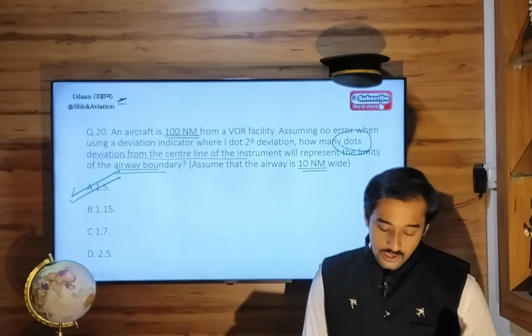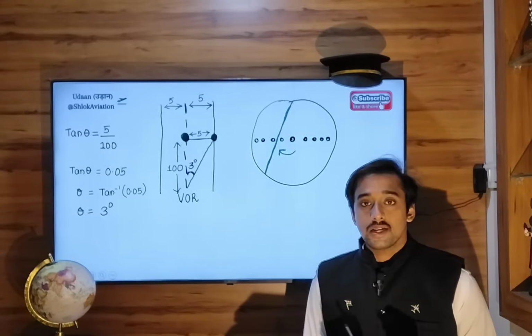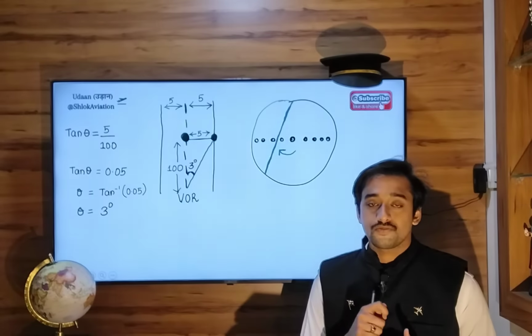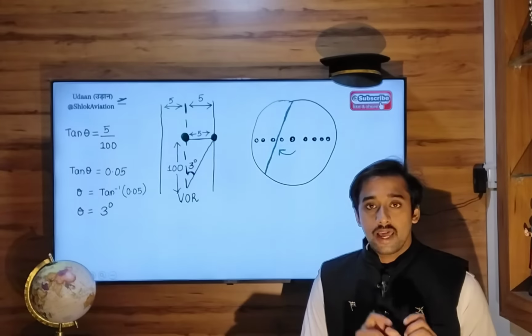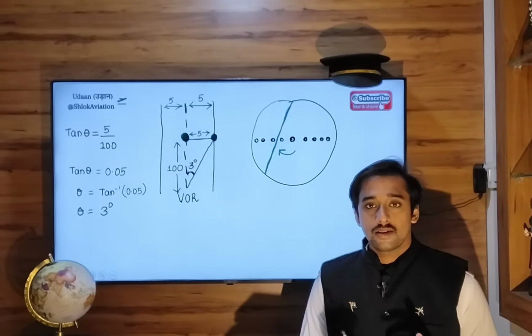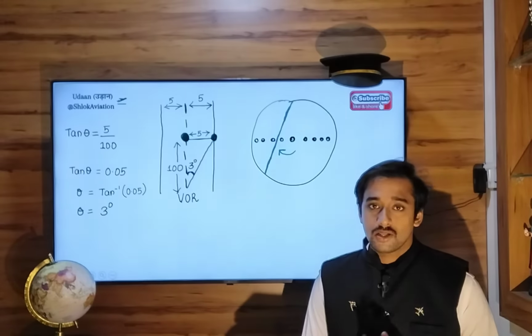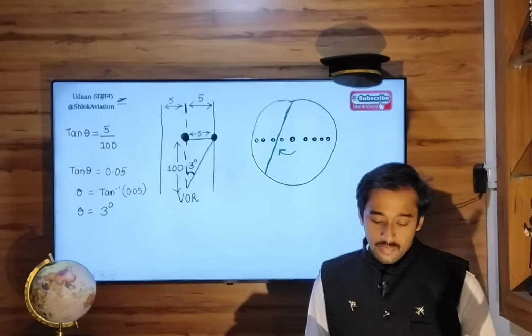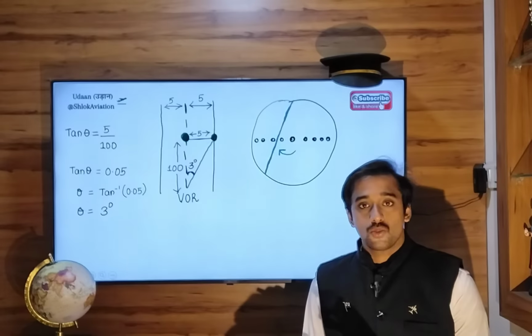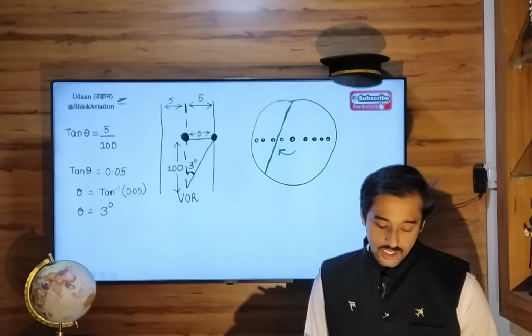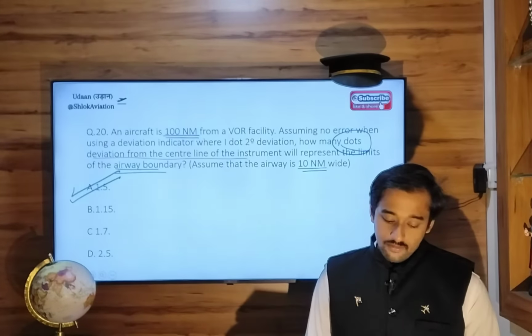So keep talking to yourself so that direction orientation gets very good. All navigation is about direction, speed, distance, all that. So this is a basic element. So pay attention to that as well, even though it's not asked in the question. So this is how you do this sum.